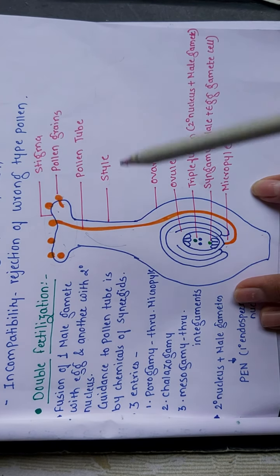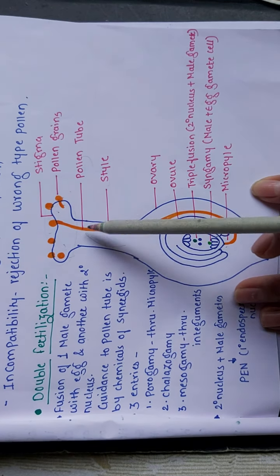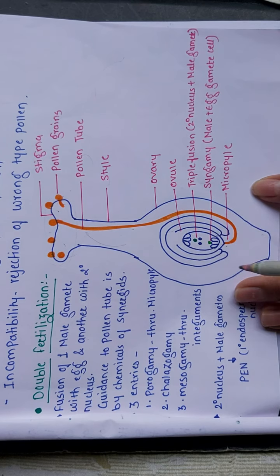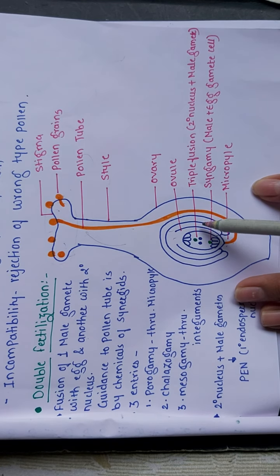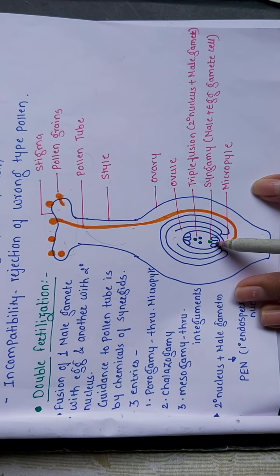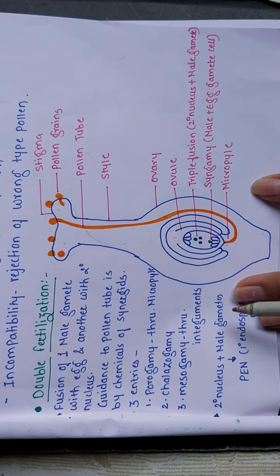Now this is the pollen, this is the pollen tube, this is the ovule, this is the embryo sac. You know that, just recall it. This is the micropyle, this is the chalaza, these are the integuments in that. Here are the antipodals, and these are the synergids surrounding the egg cell, right?